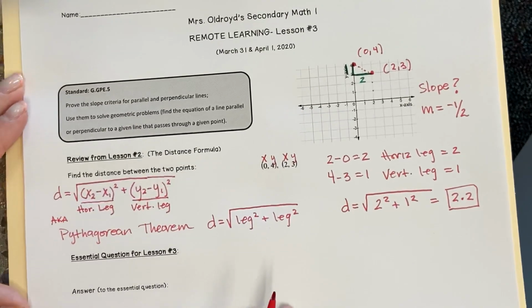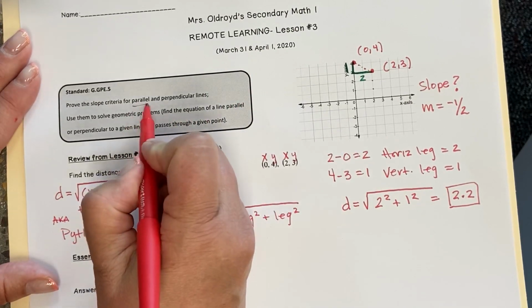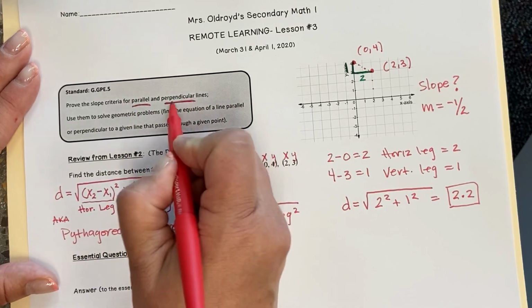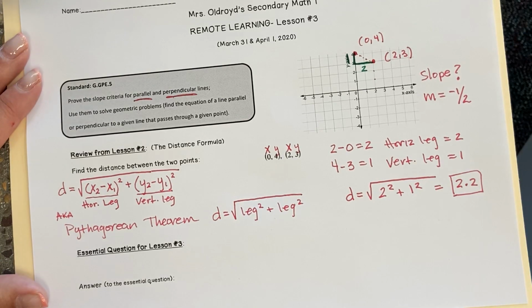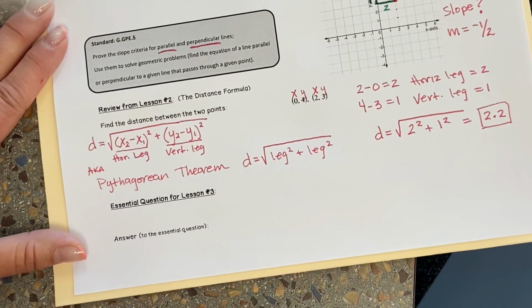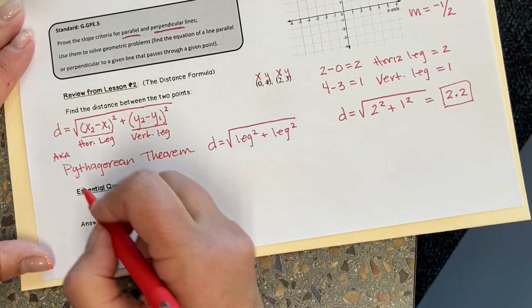Now we're moving to lesson 3, and here we're going to be talking about parallel lines and perpendicular lines. And we've done this already this year, so this should be a bit of a review. Okay, essential question number 3.